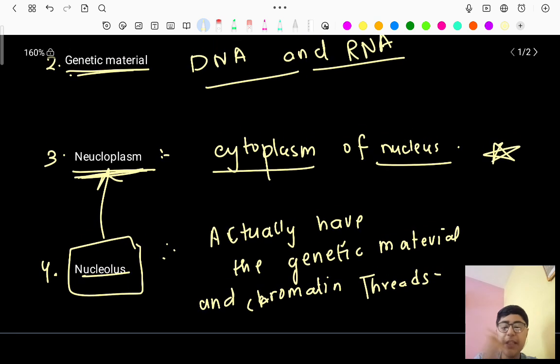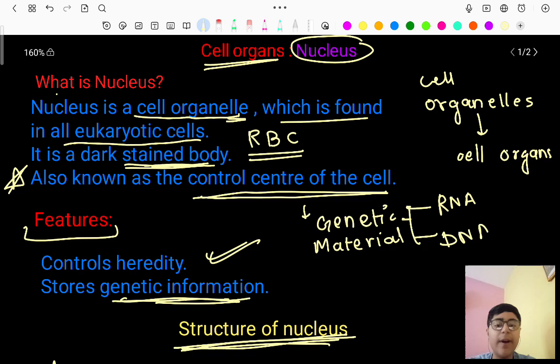Okay, so this is nucleolus. The nucleolus has the actual genetic material and chromatin threads. Okay, now let's revise again.